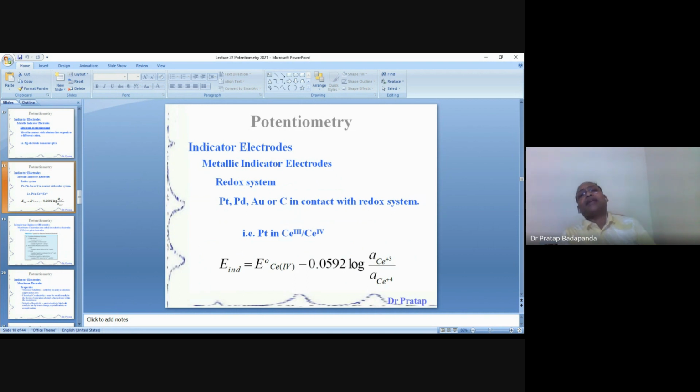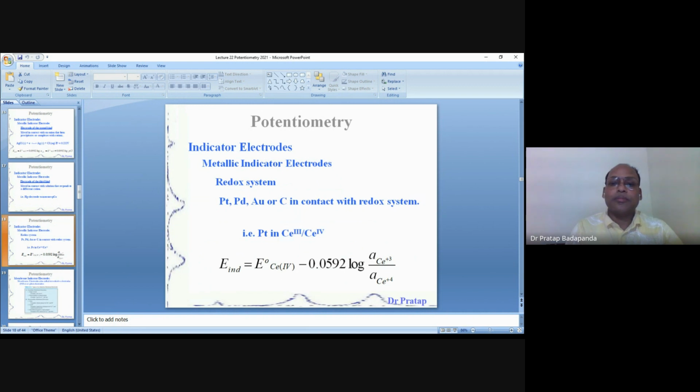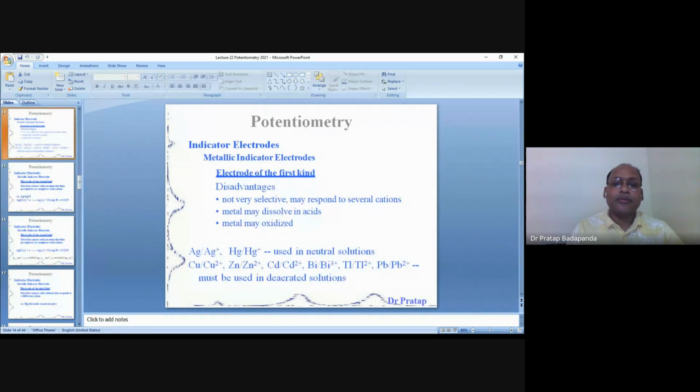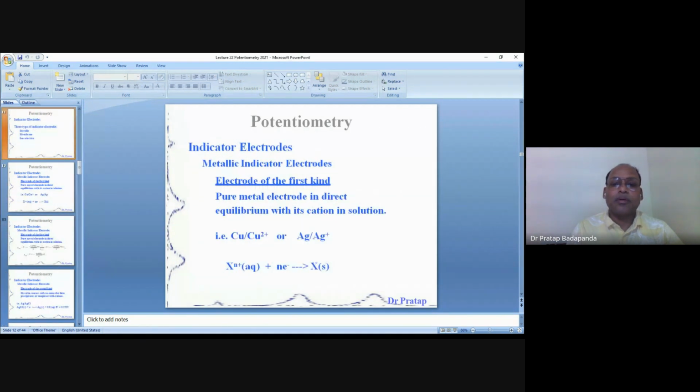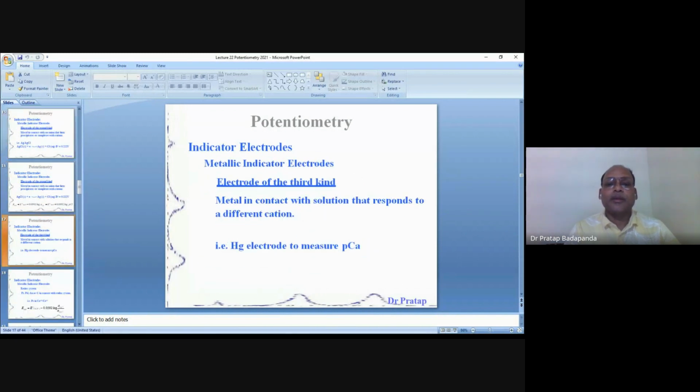So now metallic electrodes we have 3 types: kind 1, kind 2, kind 3. So this is over. Now indicator electrode, metal electrode as indicator.